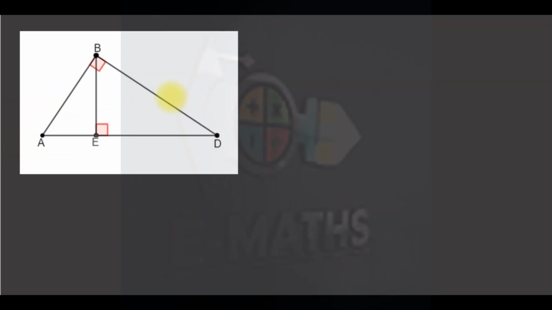So the first thing I'm going to show is that BE is equal to the square root of AE times EB.